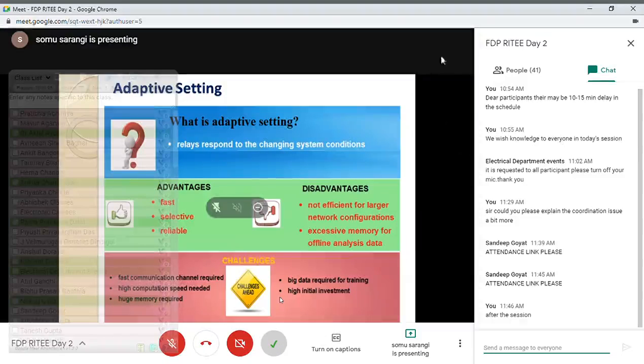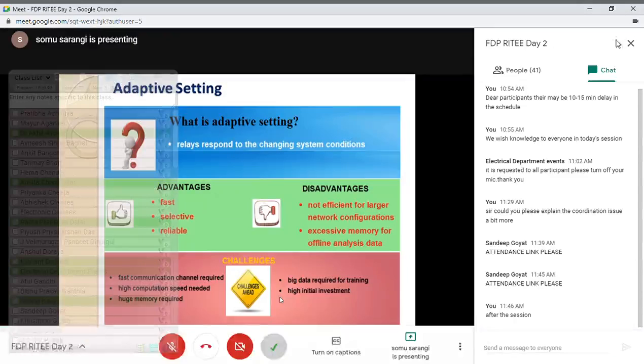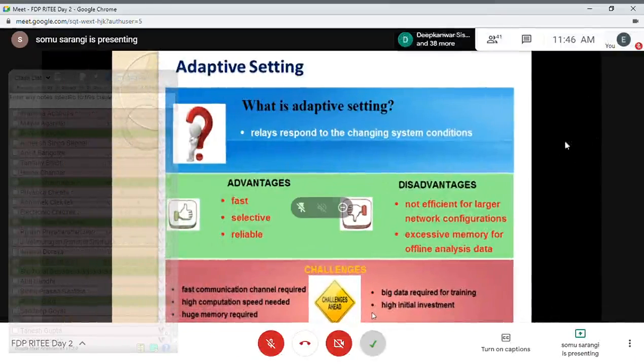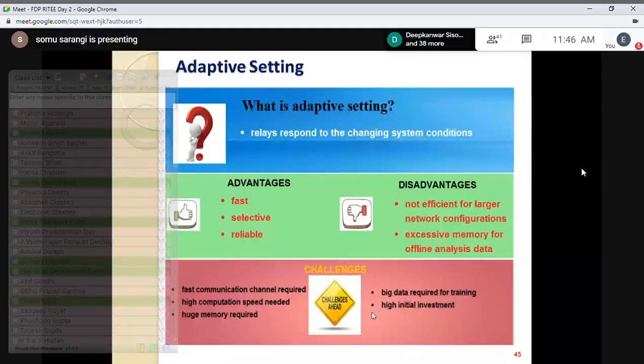However, the setting will not be perfect for several system conditions, because the system condition is changing. If the system condition changes, then the relay setting is not appropriate. The inclusion of photovoltaics and different types of renewables changes our system condition.